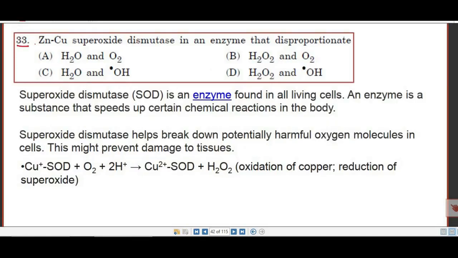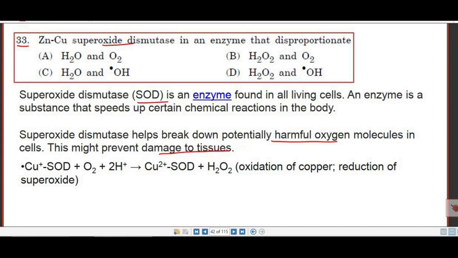Question number 33. Zinc copper superoxide dismutase is an enzyme that disproportionates. Now superoxide dismutase, SOD, is an enzyme found in all living cells. This enzyme acts as a catalyst and speeds up the biochemical reaction in the body, and breaks down potentially harmful oxygen molecules, hence preventing damage to the tissue cells.